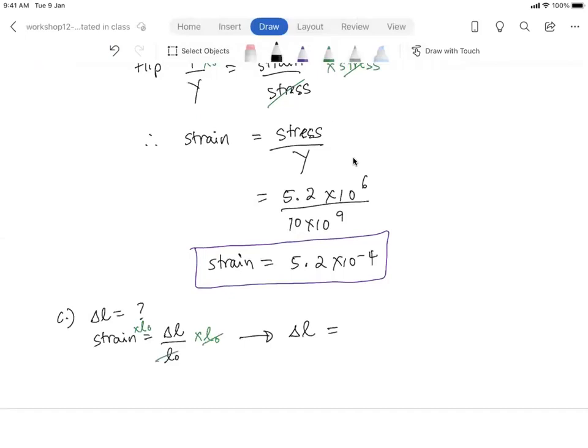Delta L is equal to the strain times the original length L0. And we know both things. Strain, which we solved earlier, 5.2 times 10 to the minus 4, times the original length of the tibia, 0.36 meters. That will give us a deformation, or delta L, of 1.9 times 10 to the minus 4 meters.